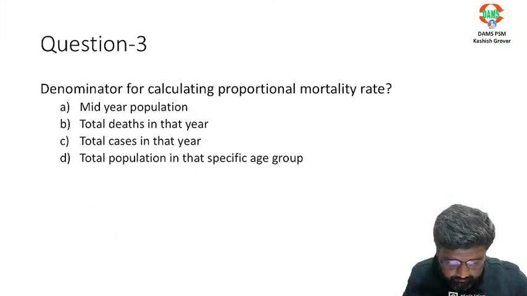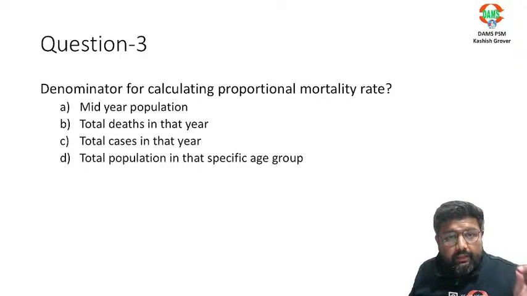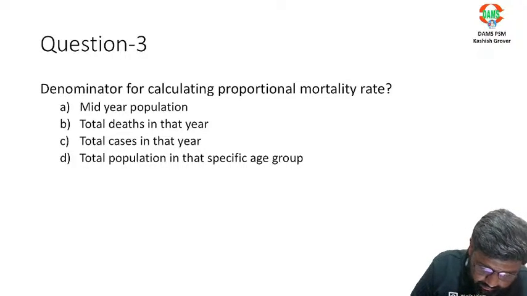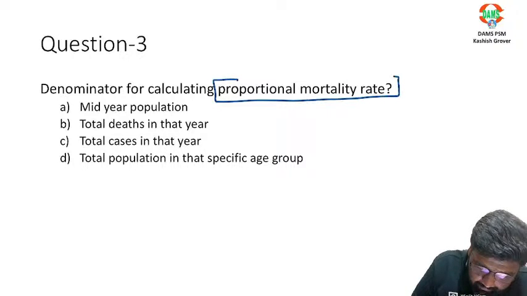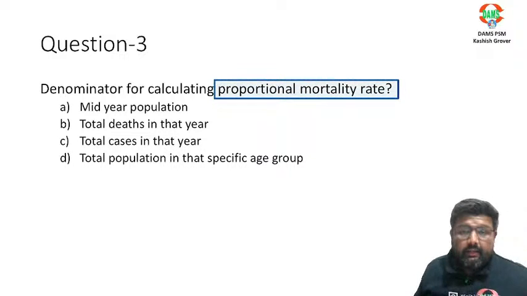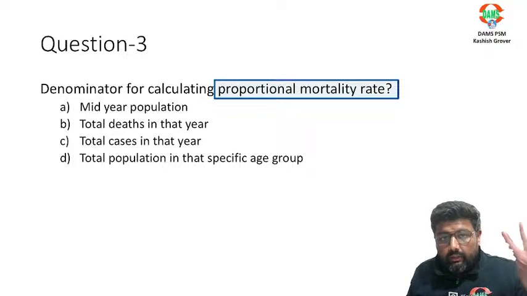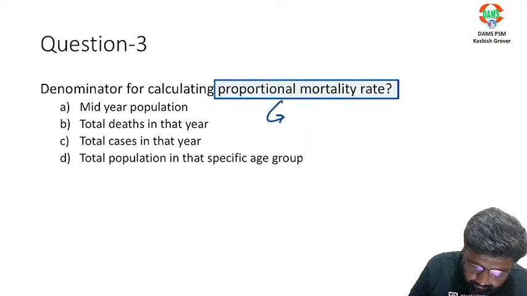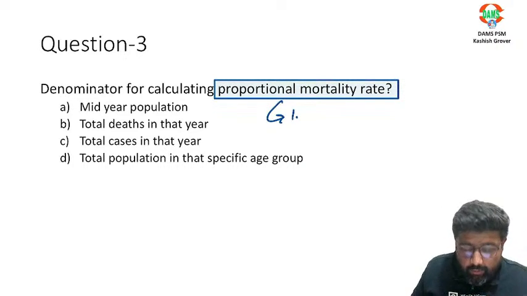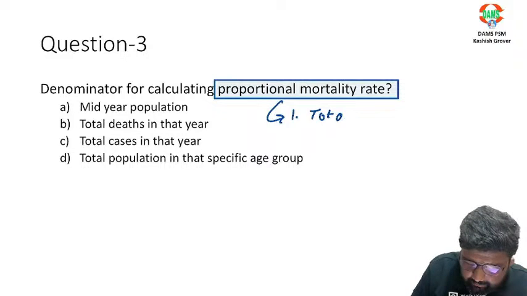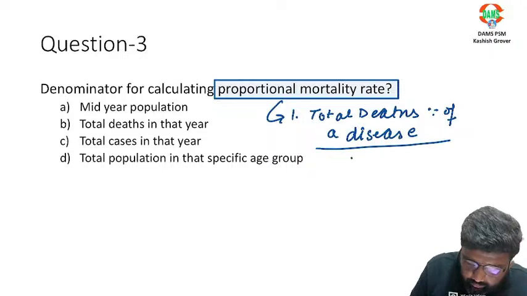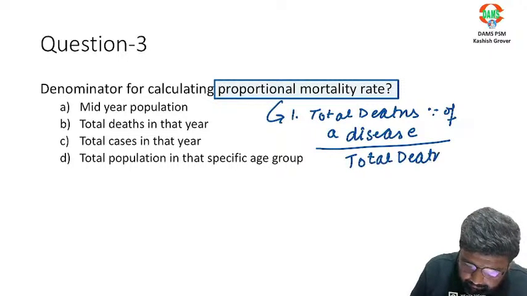Now, third question. Denominator for calculating proportional mortality rate. Regarding proportional mortality rate, 2 points I want to tell you. Point number 1, the formula. Formula is total deaths because of a disease divided by total deaths, right?